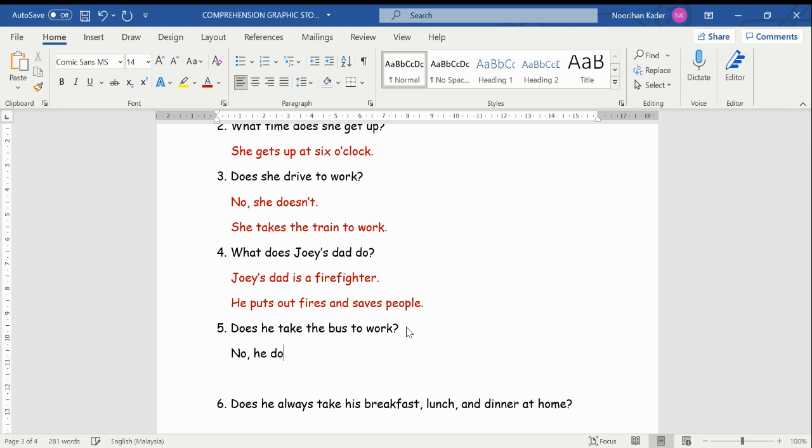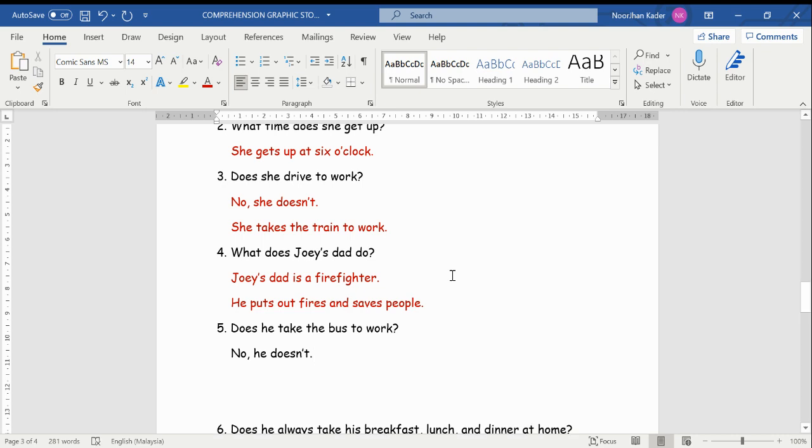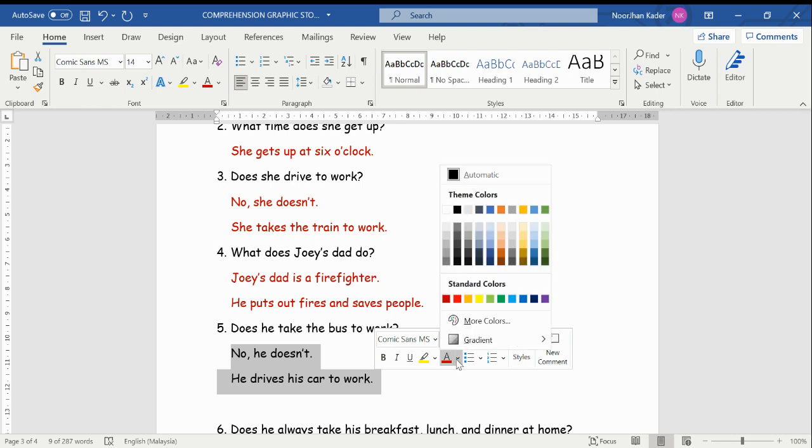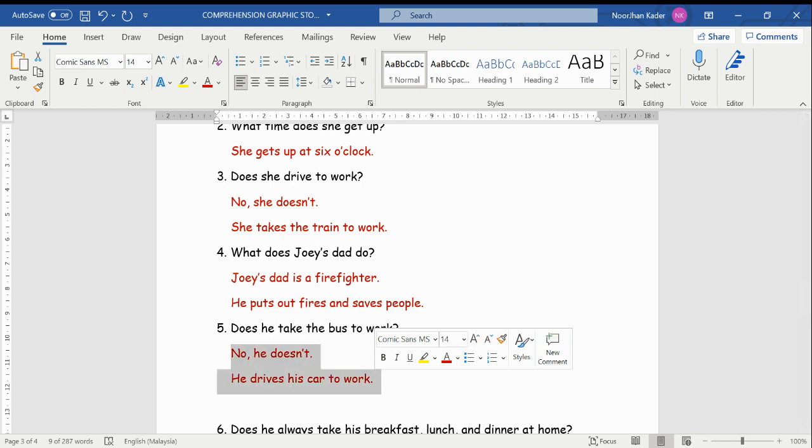he doesn't. What does he do? He drives his car to work. So when you refute, you also have to write the correct sentence explaining how he goes to work.